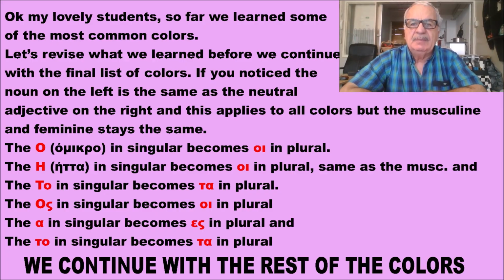The ος in singular becomes οι in plural. The α in singular becomes ες in plural, and the article το in singular becomes τα in plural. We continue with the rest of the colors.